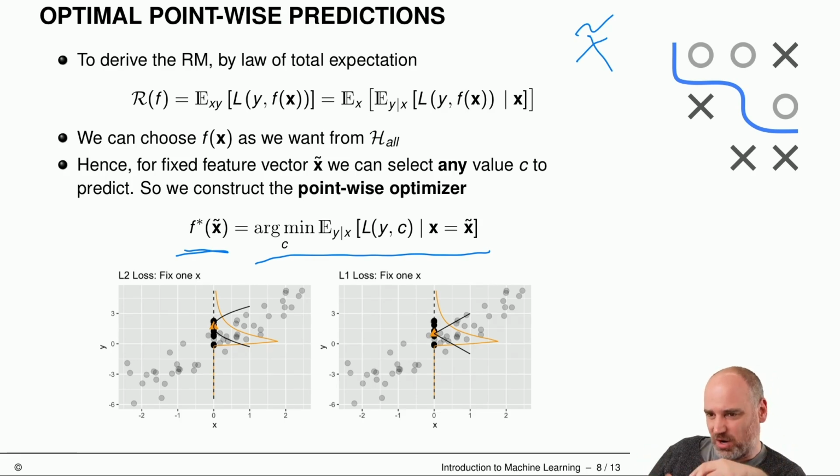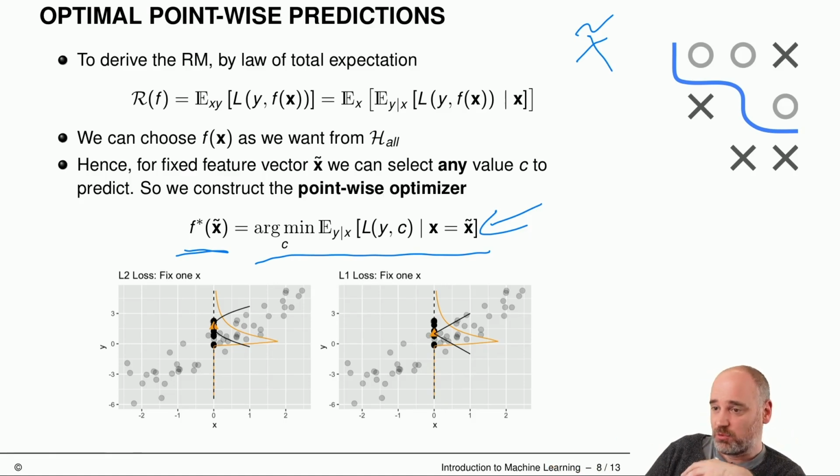And if we construct our model f star in such a way that at each point x, any arbitrary point, the prediction is this loss-minimizing value, then it's obvious that this is the best loss-optimal model across the whole distribution. It must be like that: if it's loss optimal at every point, it must be loss optimal overall. And because we have no restrictions on our functions, we can just construct our function like that.